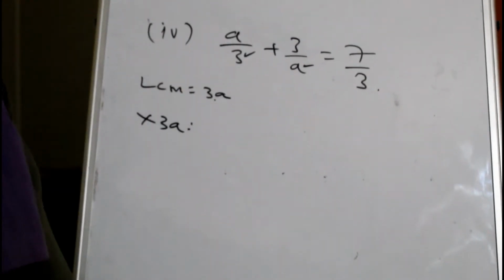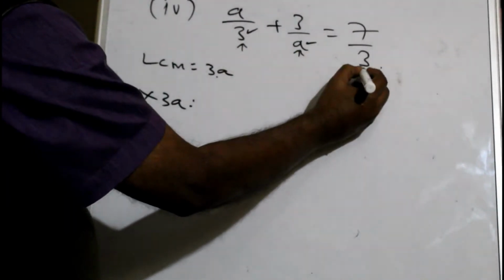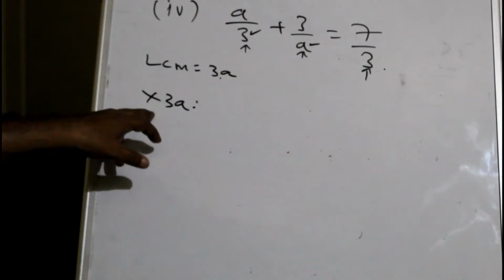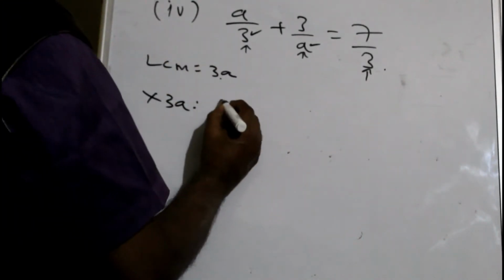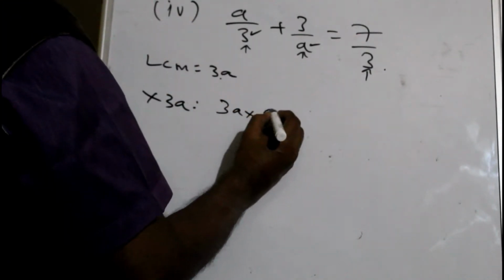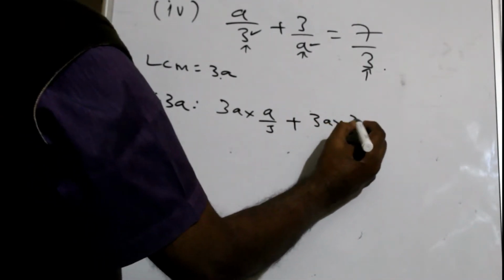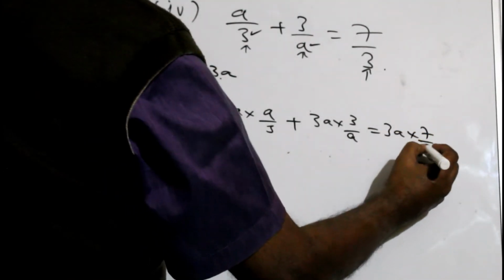So again, look here, the denominators 3a and 3 are really a headache. To remove the denominator, you can multiply by the LCM. That's much easier. Look here, 3a into a by 3 plus 3a into 3 by a equal to 3a into 7 by 3.